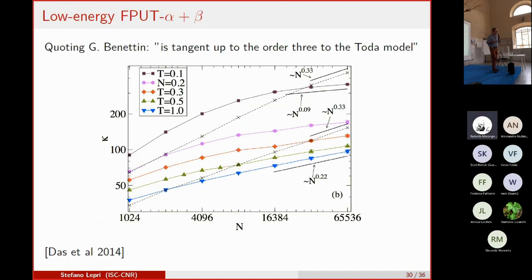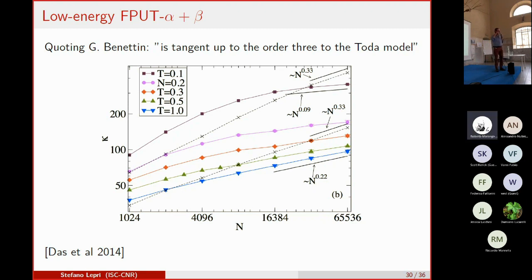You can go even a step further. As Giancarlo Benettini always says, if you take the Fermi-Pasta-Ulam model at very low energy, the alpha plus beta model, the one with the cubic term, this is very close to Toda. There are many evidences of this. So you should look at this model, instead of a standard phonon system perturbed by nonlinearity, as a kind of Toda system perturbed by some correction.